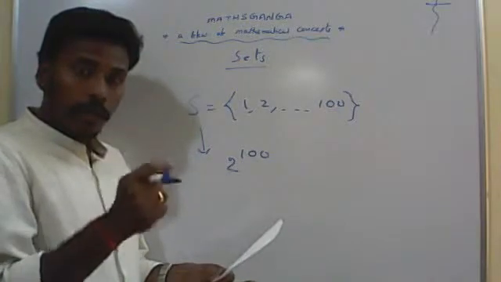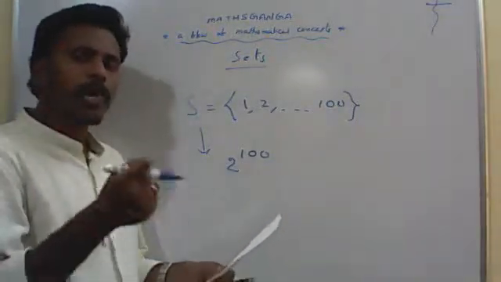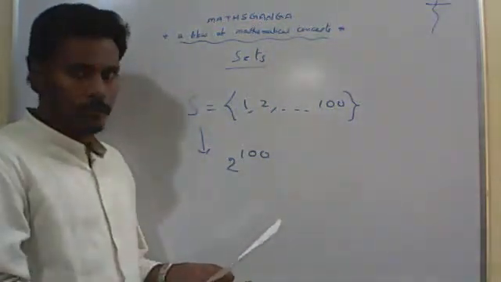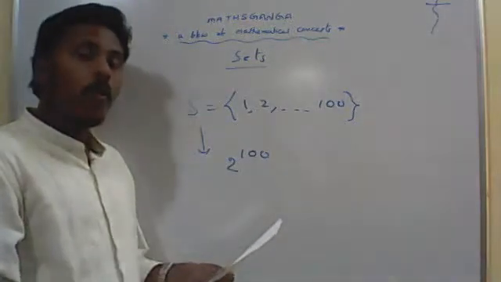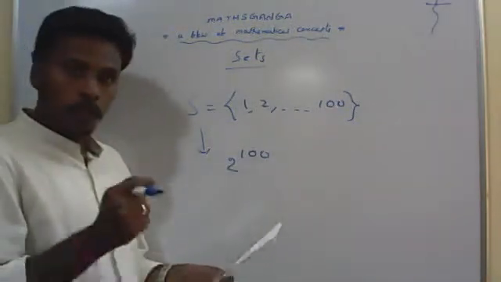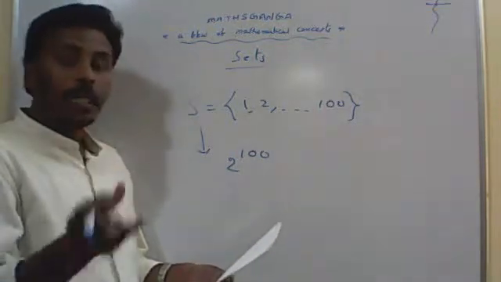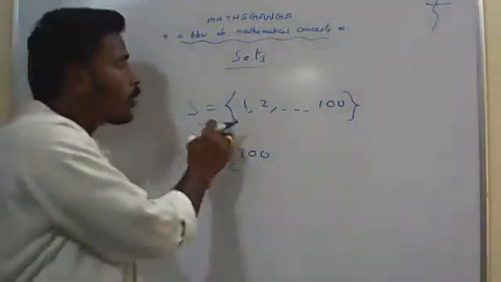See, there are certain subsets in which all the elements are odd. If all the elements are odd in a subset, then the product of all those elements can't be even. So I don't need the subsets which contain only odd numbers. So I need to subtract the number of subsets which contain only odd numbers.